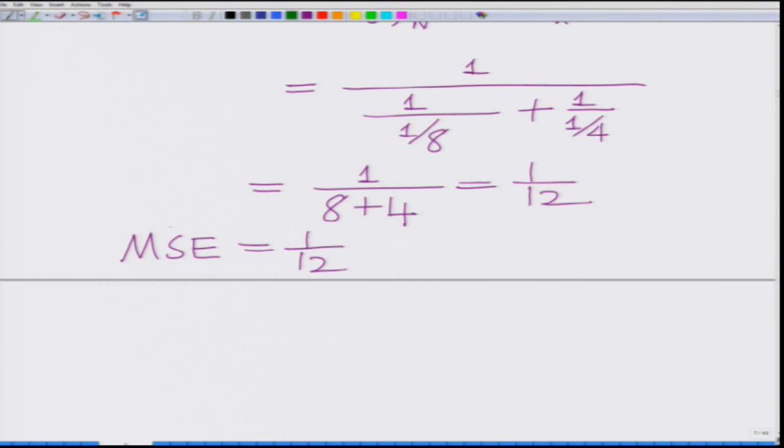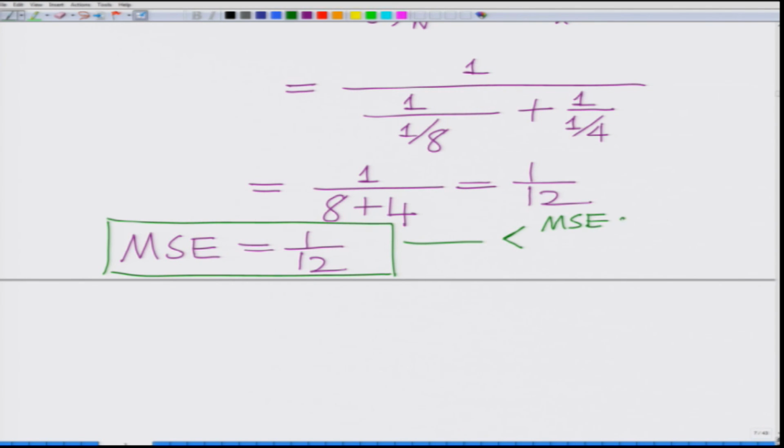So, this is what we observe, the net error of estimation, the mean square error, and you can see clearly this is less than your MSE of ML, which is equal to 1 over 8, and this is also less than sigma h square, which is equal to 1 over 4.